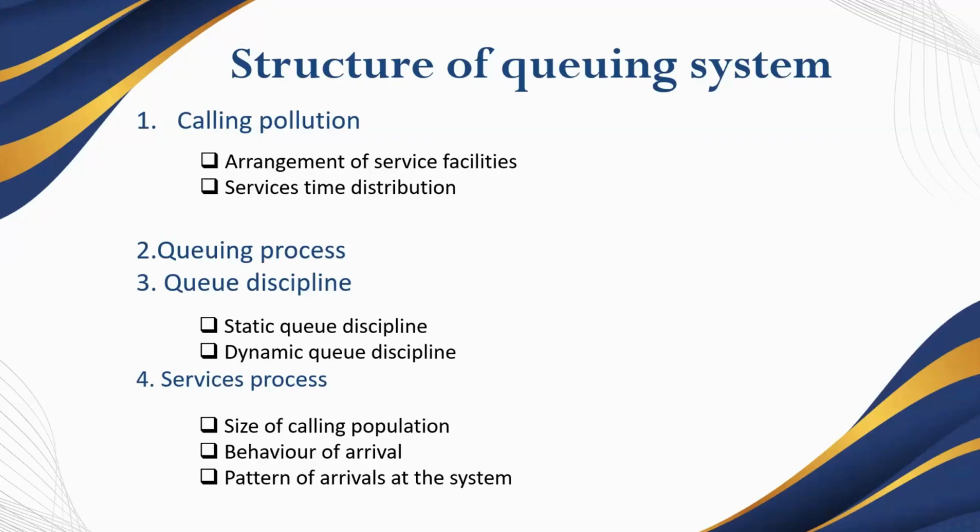In both cases, the arrival process can be described either by the average arrival rate or by the average interval time between two consecutive arrivals.